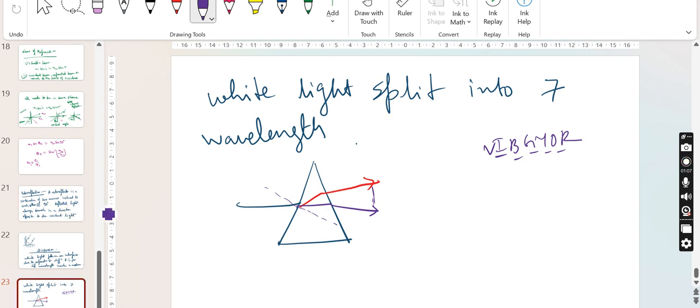So we know that the velocity of red is greater than the velocity of violet. For that reason, the refractive index of red is less than the refractive index of violet.